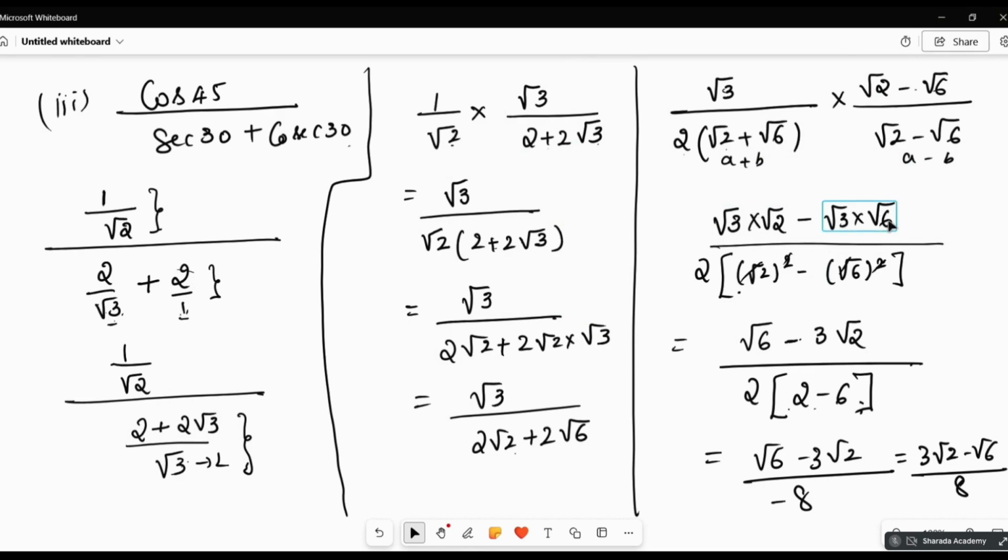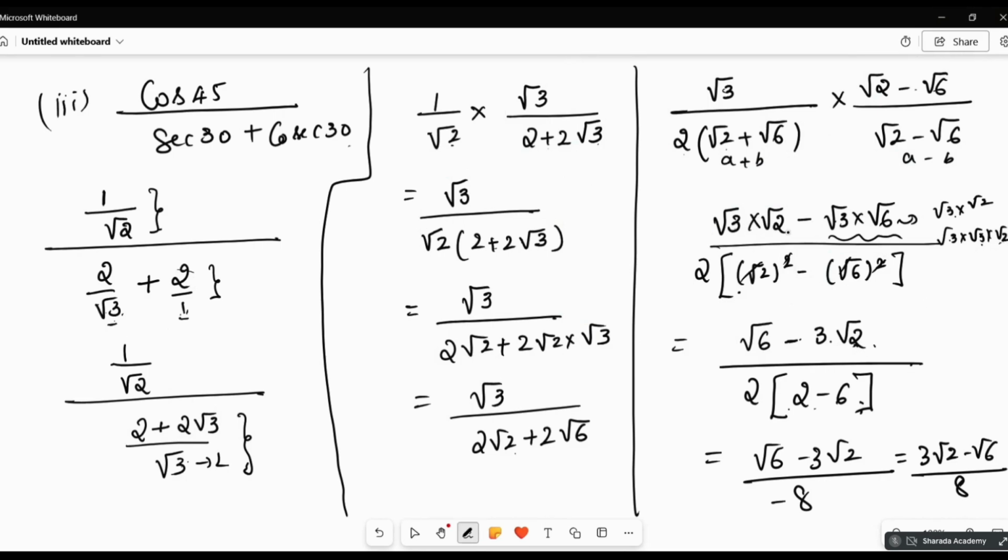Root 6 I can write as root 3 into root 2. See, this portion what I have done, root 6, I can write it as root 3 into root 2, right? So root 3 into root 3 is 3 into this root 2 I have written. Okay, understood? I have split root 6 like this. Root 3 into root 3 is 3 into root 2 I have written.